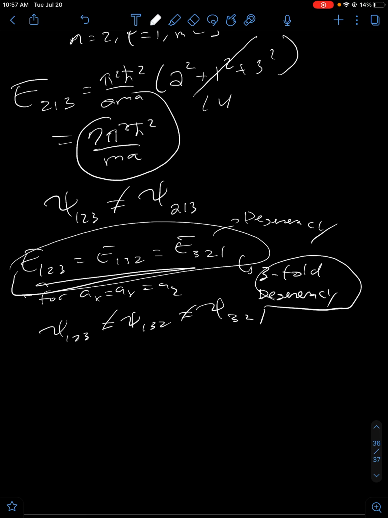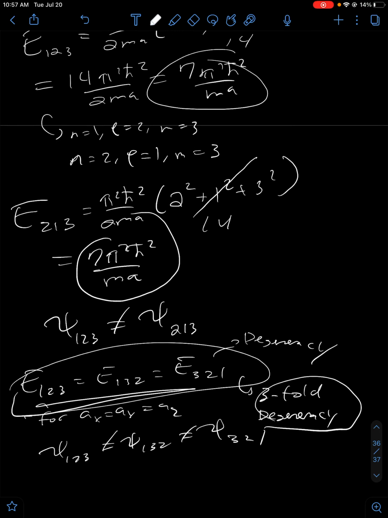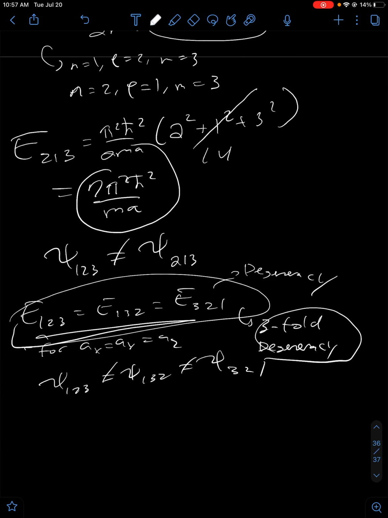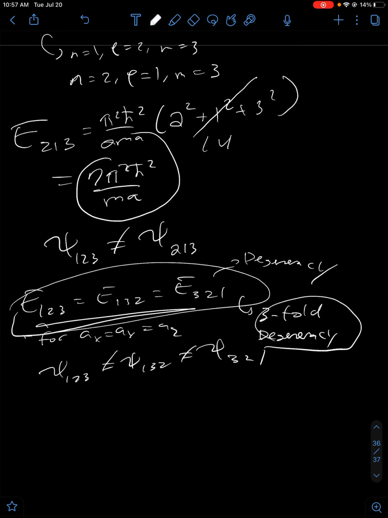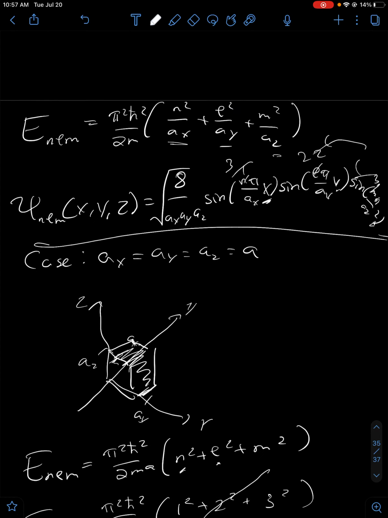Hence, three eigenfunctions share the same energy. Now remember, this is only for the case where we have a cube. If you have a prism that's not a perfect cube, this no longer holds. But if our particle is in some cubical box region, we have degeneracy. Okay.